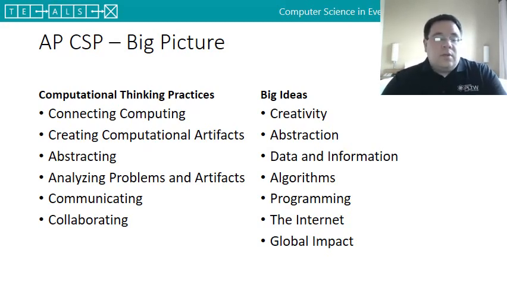Communicating is an important part of the computer science field because communicating with information and sharing thoughts and ideas with others is a major part of developing things with software and other ways.